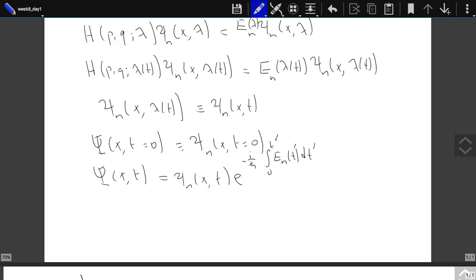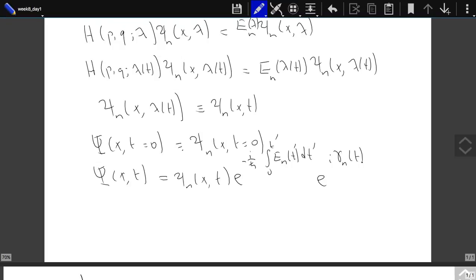But there is still the possibility of having an additional phase. The adiabatic theorem only tells us that the wave function will still be proportional to psi n. We have this energy dependence, but there is nothing that prevents it from acquiring an additional phase. Just like in the example of the harmonic oscillator, it starts to make this angle.